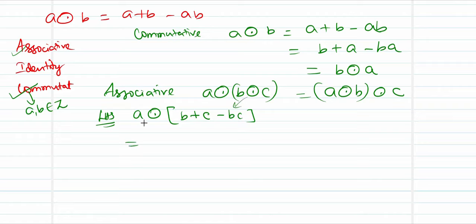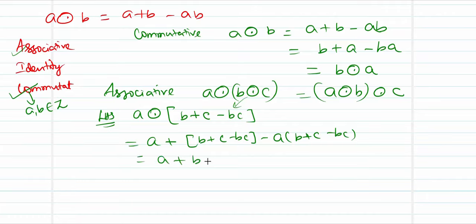When I do the dot circle operation, it is the first element plus the second element minus first into second element. So let me do the operation: A plus B plus C minus BC minus AB minus AC, and minus into minus will become plus ABC.